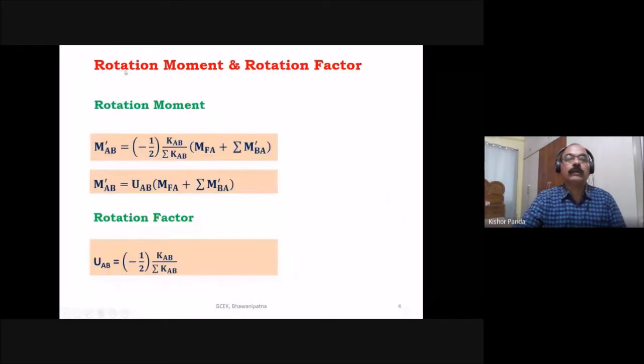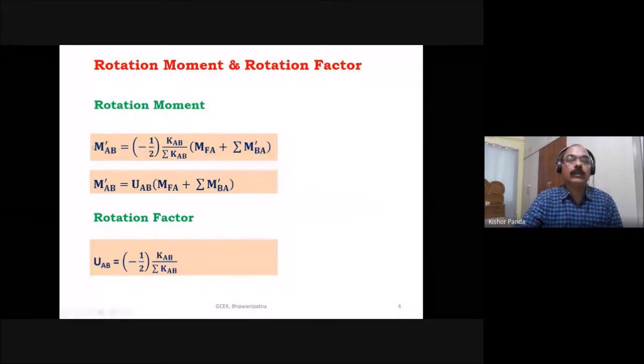Next, coming to the rotation moment and rotation factor. The rotation moment you can denote by M dash AB, M dash BA. M dash AB is equal to minus KB divided by summation of KB, into MFA plus summation of M dash BA. Summation of M dash BA is the sum of the far end rotation moments, and this is the near end rotation moment.